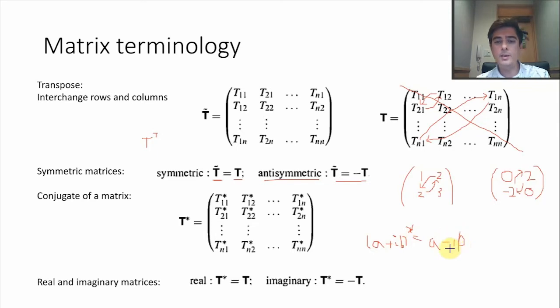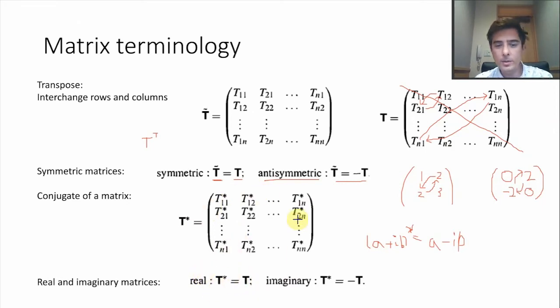So if the imaginary part of the number is equal to 0, then the complex conjugation does nothing, and you get the same matrix. So if all these numbers are real, then it's a real matrix, and complex conjugation does nothing.